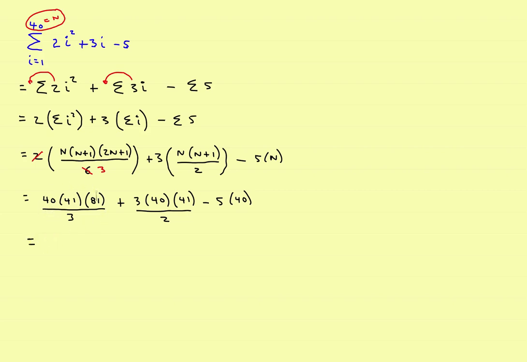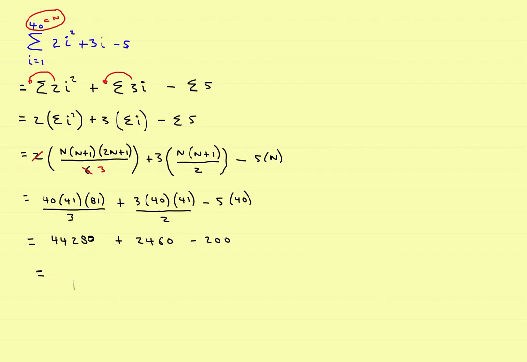If you put this term in a calculator, it will turn into 44280. If you put this term on a calculator, it will turn into 2460. And finally, 5 times 40 would be negative 200.